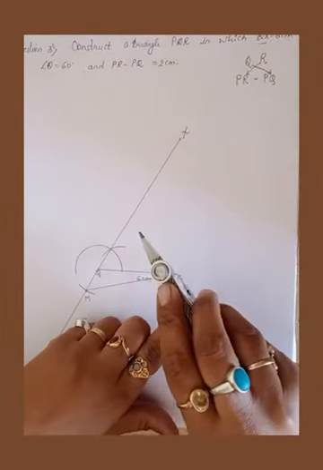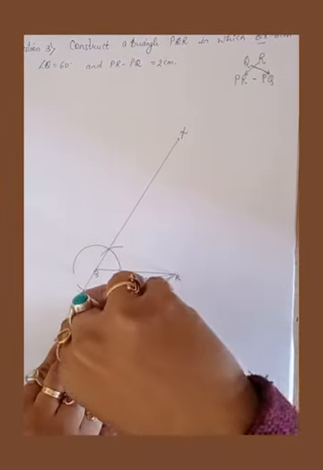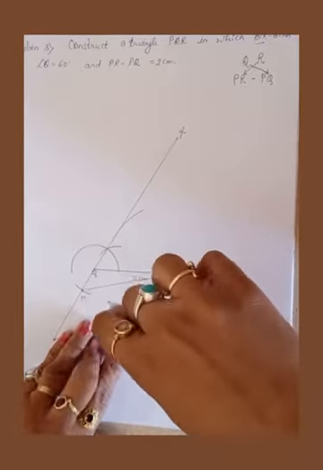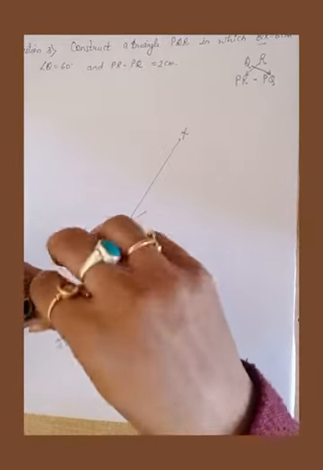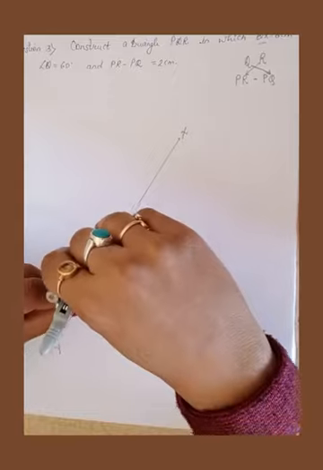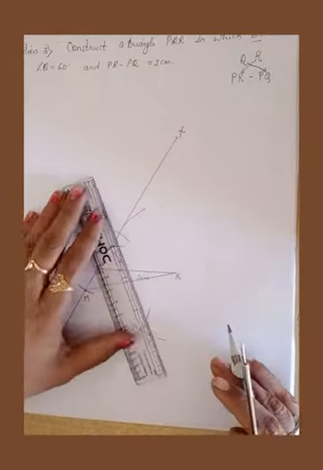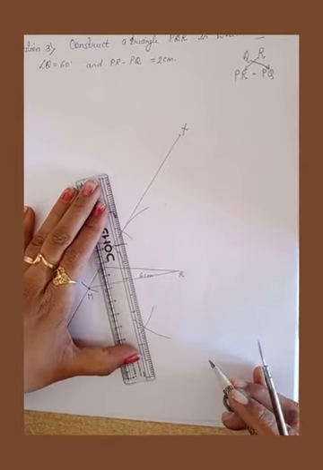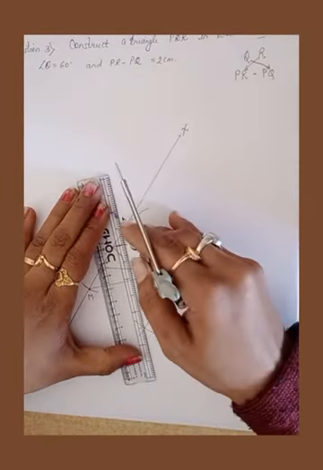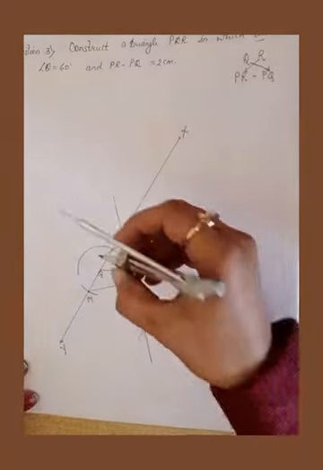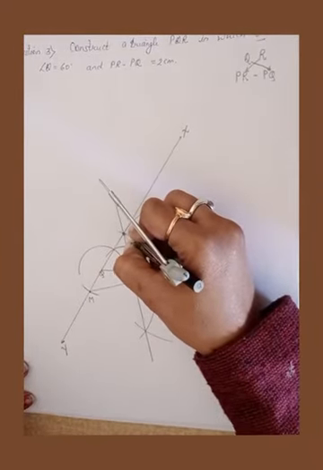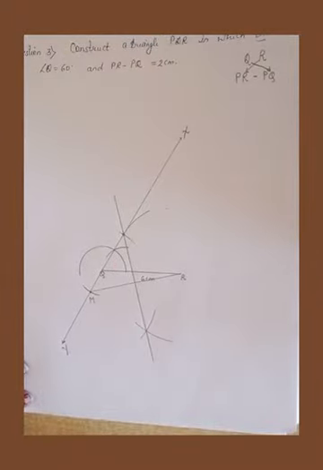Now draw the perpendicular bisector of this MR and draw a straight line. This perpendicular bisector intersects our previous angle at some point.